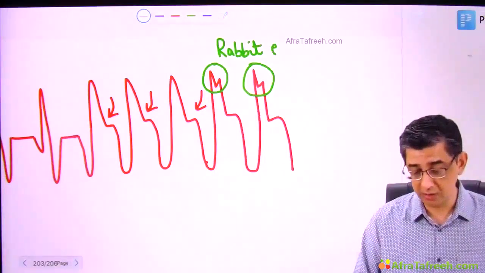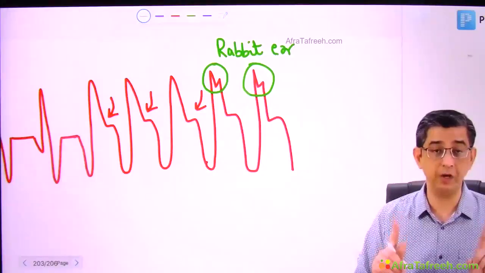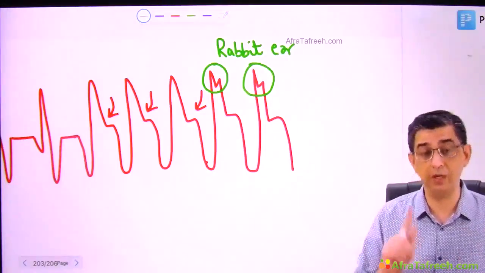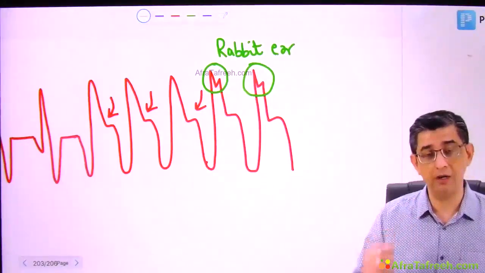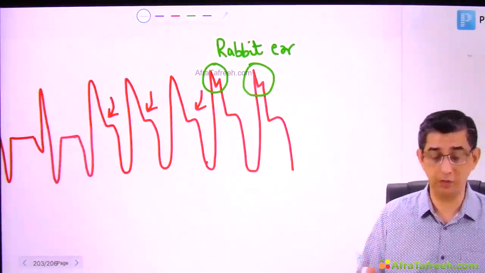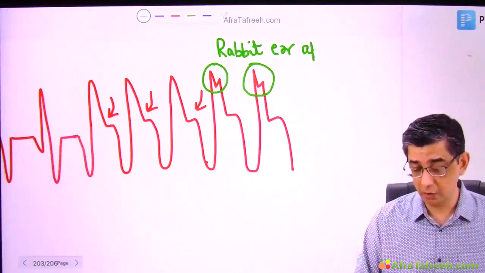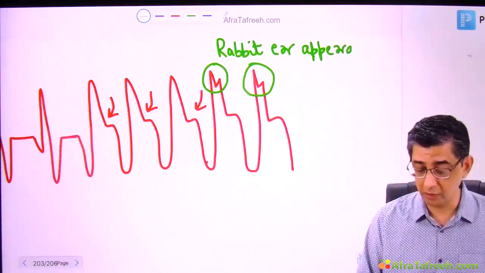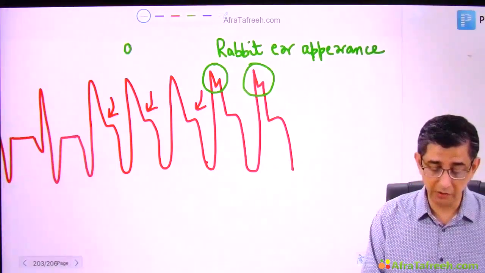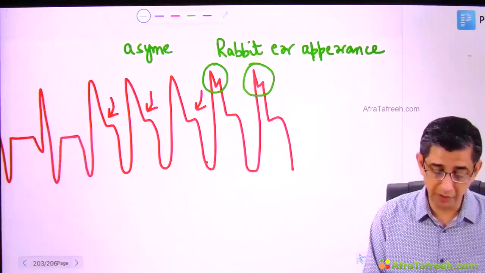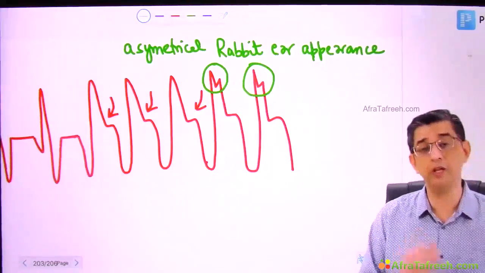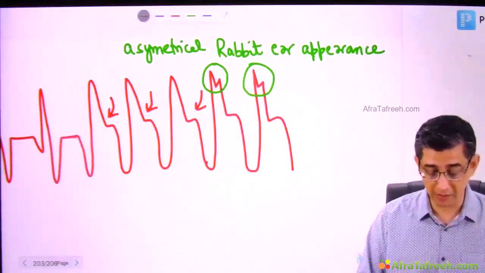In the bundle branch block topic, left or right, I talk about rabbit ear appearance with the two ears drawn relatively equal in size. But in ventricular tachycardia, if it is given in the exam, there will be an asymmetrical rabbit ear appearance.